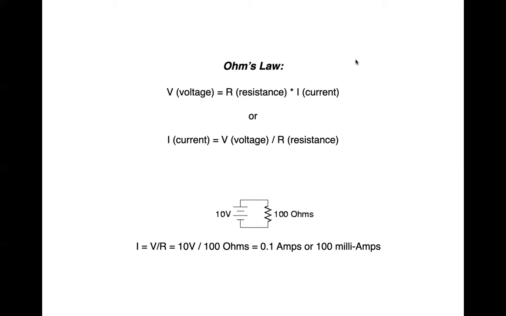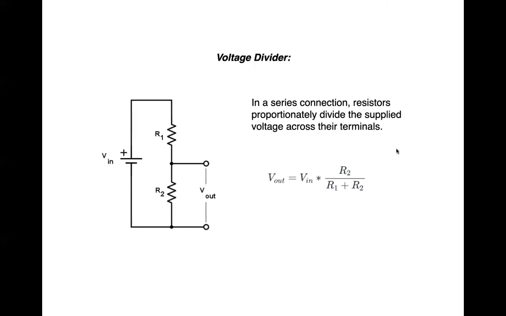So this resistor will let only 100 milliamps of current flow, because if you divide 10 volts by 100 ohms, it will end up having 0.1 amps, which means that it's 100 milliamps. So this is a very basic conversion, but it's very useful, and you'll be actually using this very frequently.